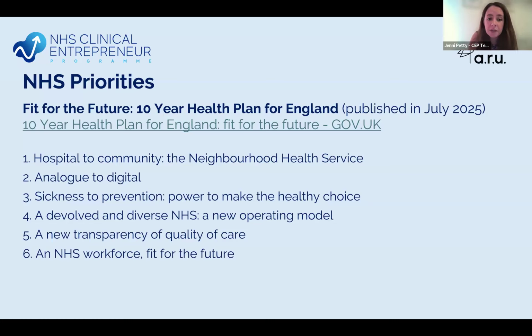And within this point, actually, it was noted that the NHS Clinical Entrepreneur Programme will be expanded, not only for NHS staff, but also for patient entrepreneurs. So they are individuals who have lived experience of a particular health condition and have developed or are developing an innovation that is linked to that health condition.